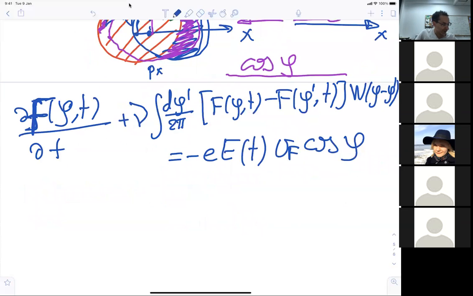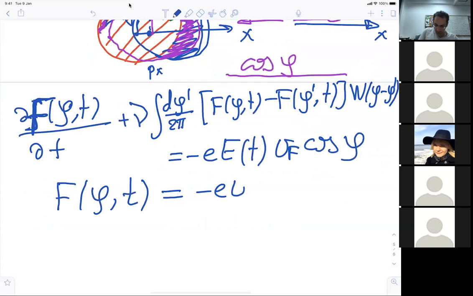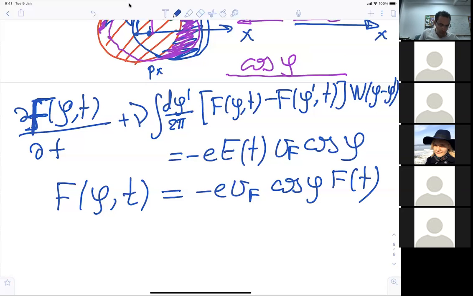Let's do something else instead. We plug in the ansatz f as a function of phi and t, something which is almost obvious, times a function of time.